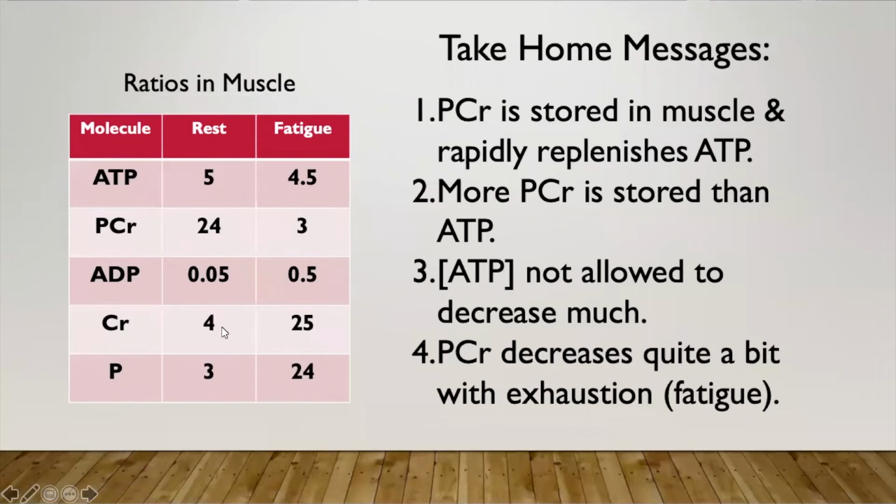Very little free creatine is in the muscle, but at fatigue, there's a lot more because the phosphocreatine has been split apart and energy used to keep this ATP from falling down. So not much ATP concentration decrease is allowed. On the other hand, a fair amount of phosphocreatine decreases from the muscle, and it's accompanied by exhaustion or fatigue.